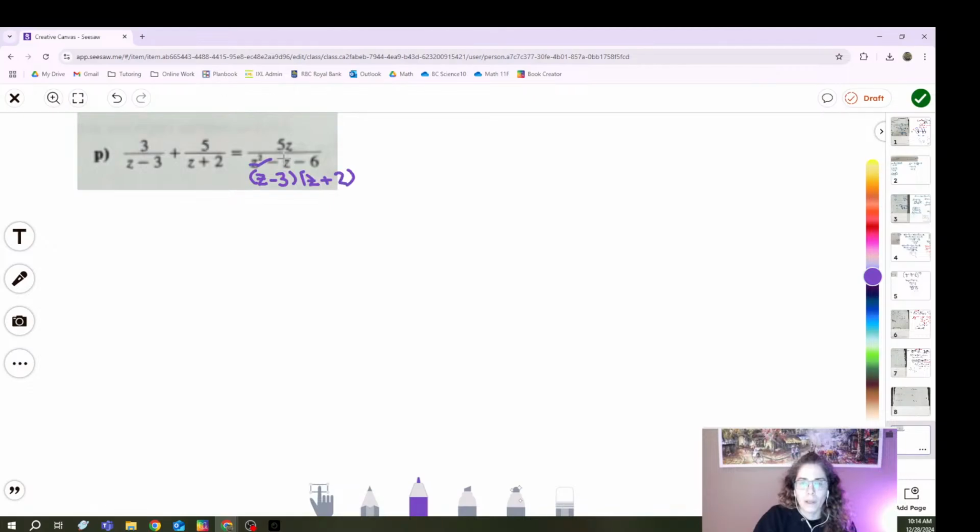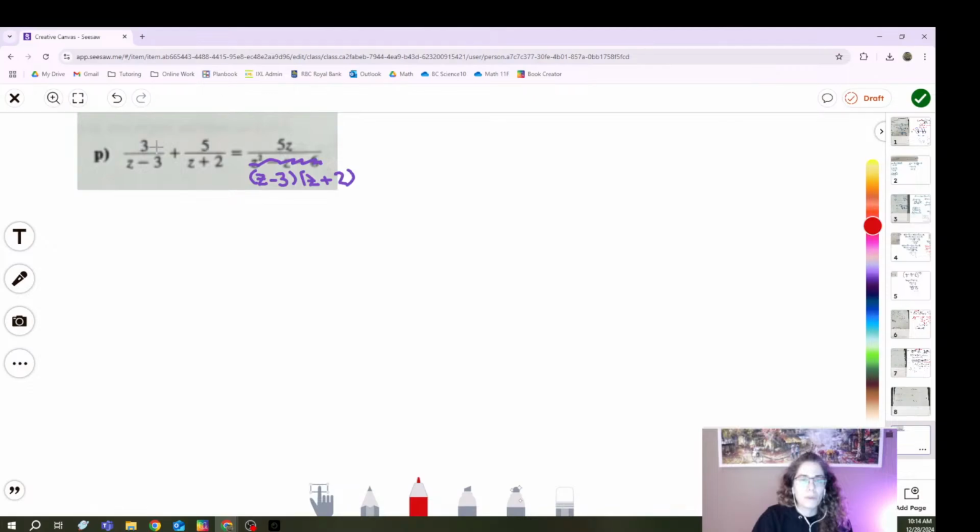Now we're on to common denominator. So what does the left side of the equation have to multiply up to? Okay. And the 5 is going to multiply. Good, yeah. Okay, distribute.